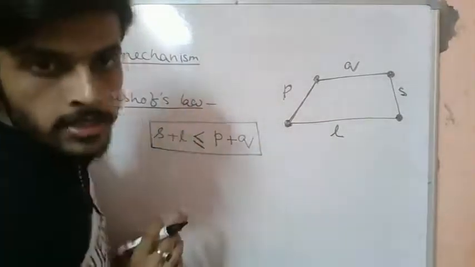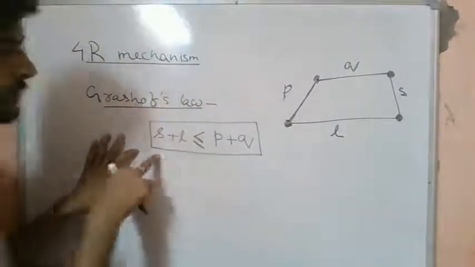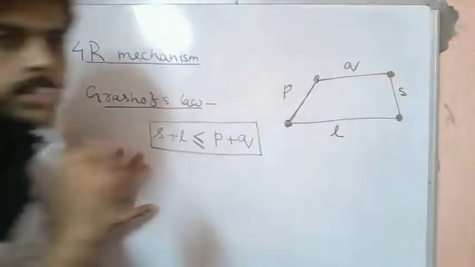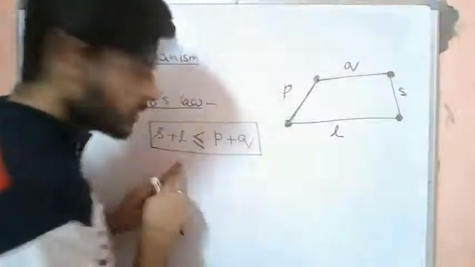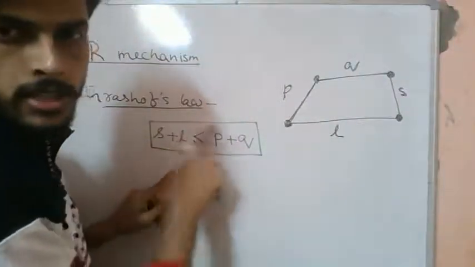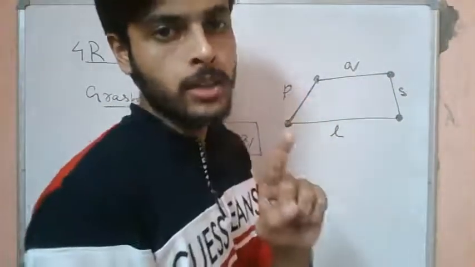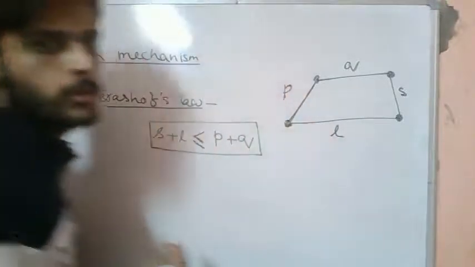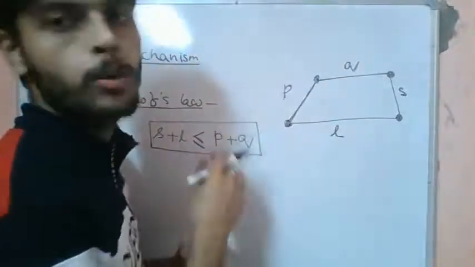If during analysis this criterion holds good, then Grashof's law states that among the 4 links, there will be at least one link which will be completing one complete rotation.